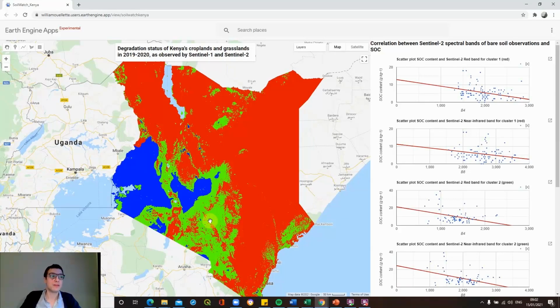So you have a good compromise between observability and monitoring capabilities from satellite and the potential to sequester carbon.